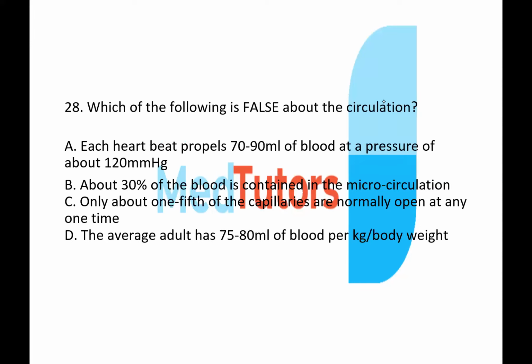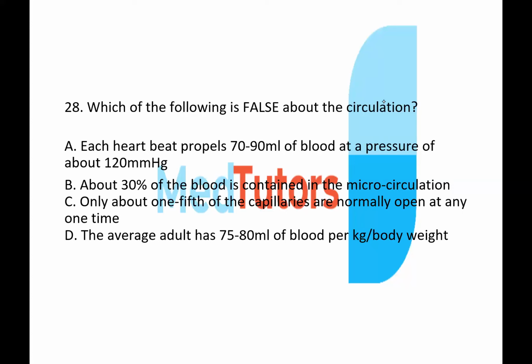Which of the following is false about circulation? Which is false about circulation? Each heartbeat propels 70 to 90 mils of blood at a pressure of 120 millimeters of mercury. That is correct information.